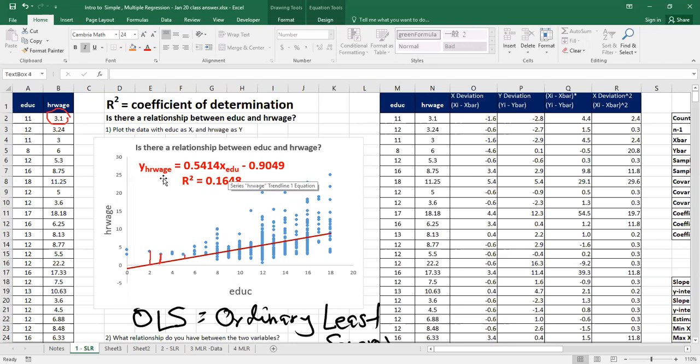And then we have to write there ceteris paribus, which means all things held constant or all things being equal. So 0.5414 is the marginal effect of a 1 unit change in your independent variable on your dependent variable.